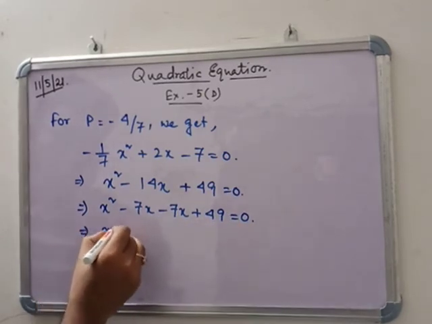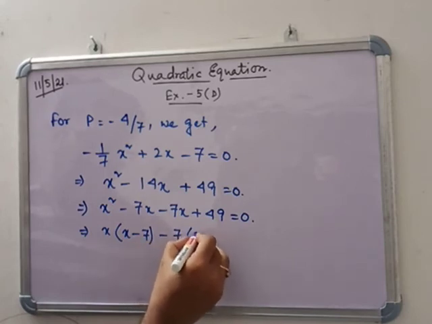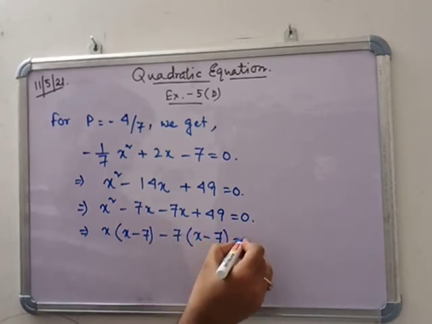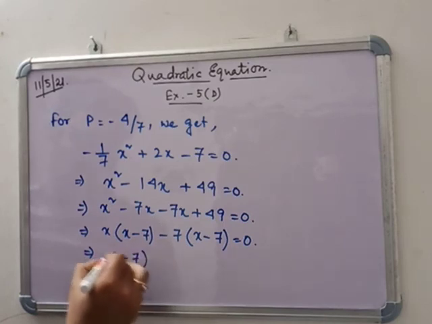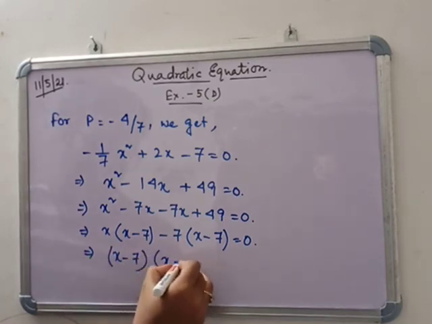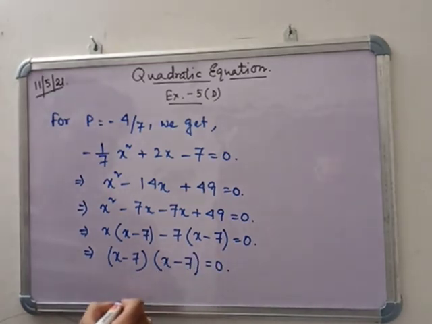That means x into x minus 7, minus 7 into x minus 7 equals to 0. That means x minus 7 and x minus 7 equals to 0. So the value of x are 7.